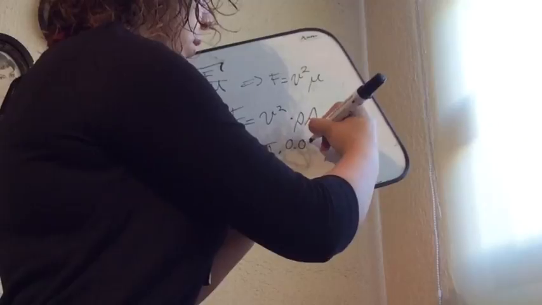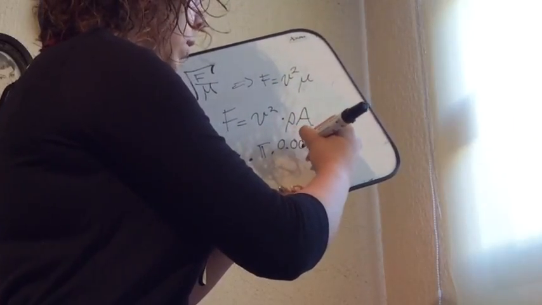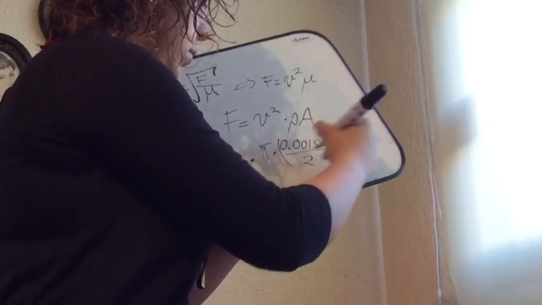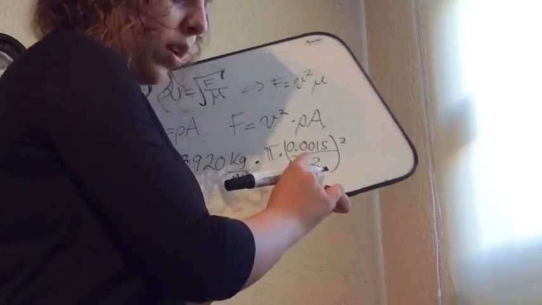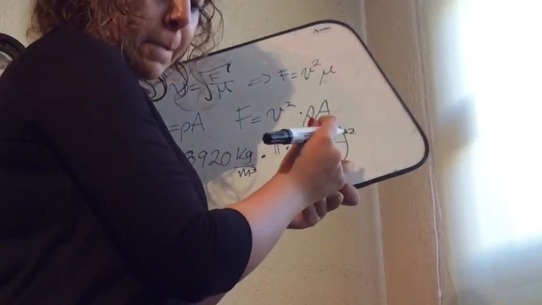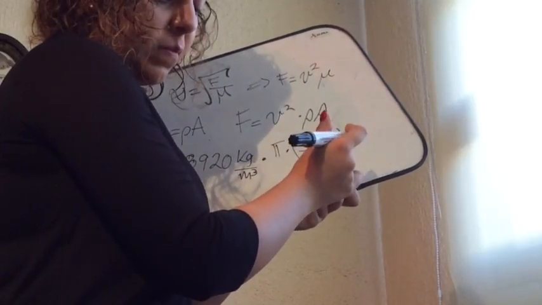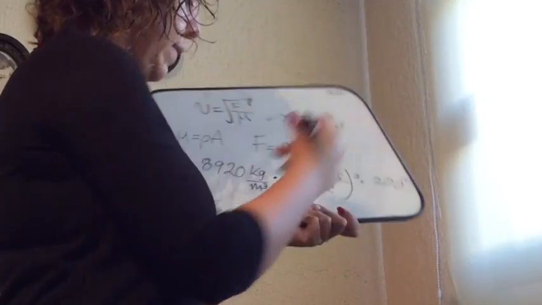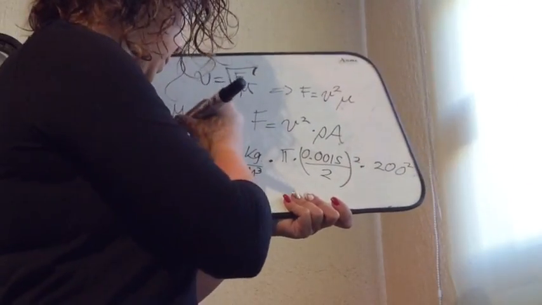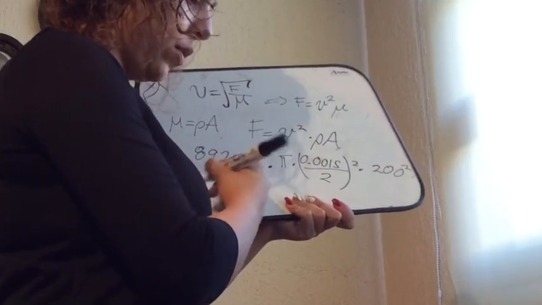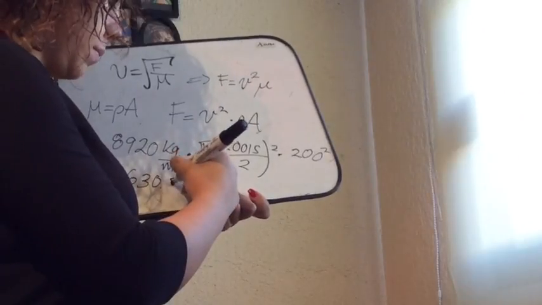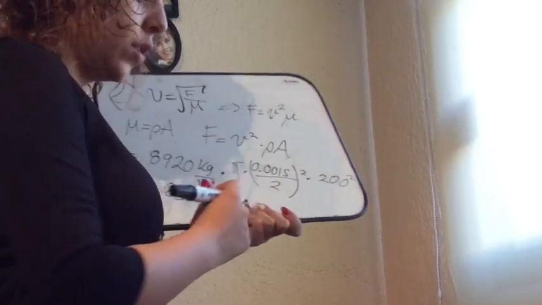It's 15 divided by 2, the diameter, converted to meters. So it's pi times the radius squared, times 200 squared, which is the velocity. So this should be equal to the force, and at the end we obtain a value for the force that is equal to 630.5 newtons. So this is the tension in the copper wire.